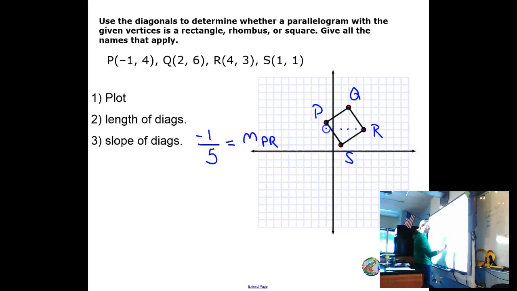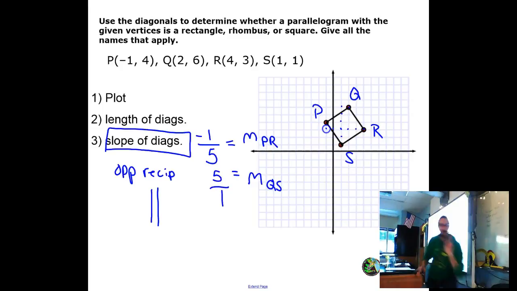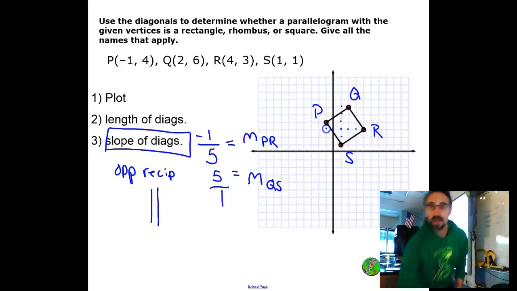And the slope of QS, I go 1, 2, 3, 4, 5, up 5 over 1. Notice the slopes of the diagonals are opposite reciprocals, which means they are perpendicular.